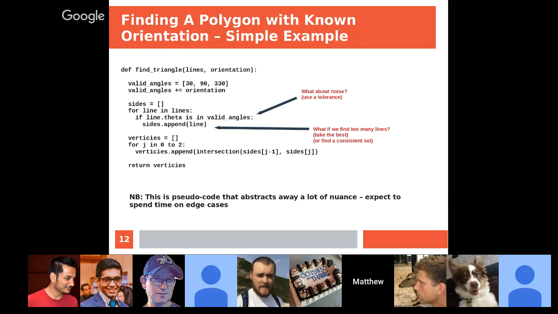If it's not a triangle but a square, is it really a square, a regular polygon, or is it actually a rectangle? You can add a lot of checking to this part to reject certain triangles, which would make this algorithm more and more robust. But for right now, I'm going to show some results just taking the best.